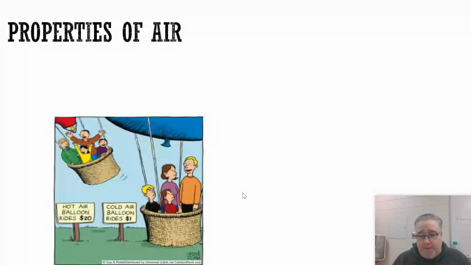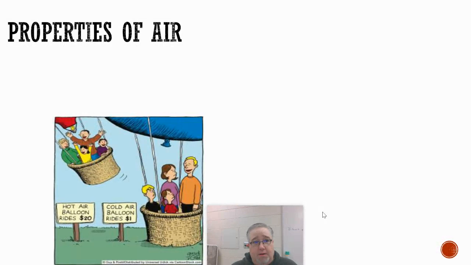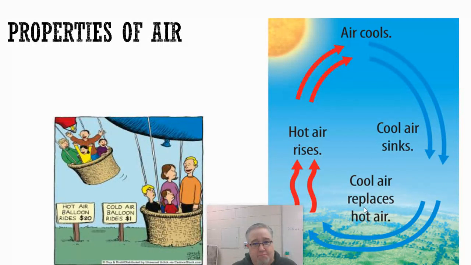All right. So again, if we're going to understand wind, we have to have some kind of an understanding of air. One of the things that most of us probably know is that hot air rises and cold air sinks, right? There are some reasons why this is.